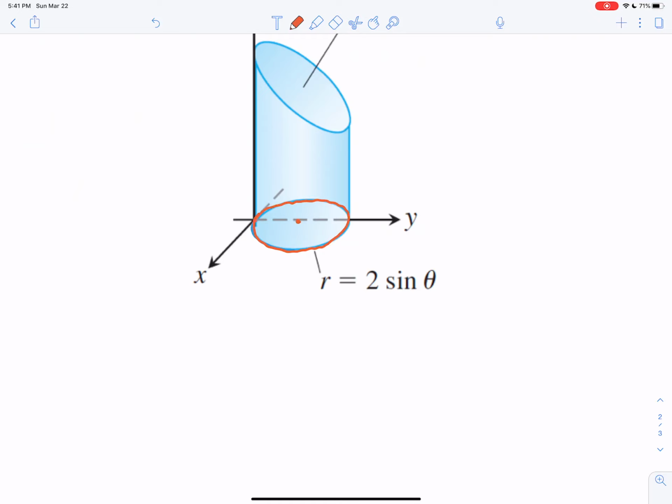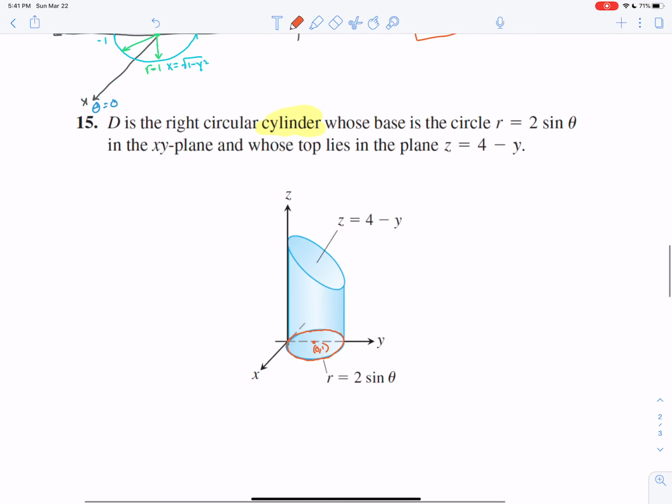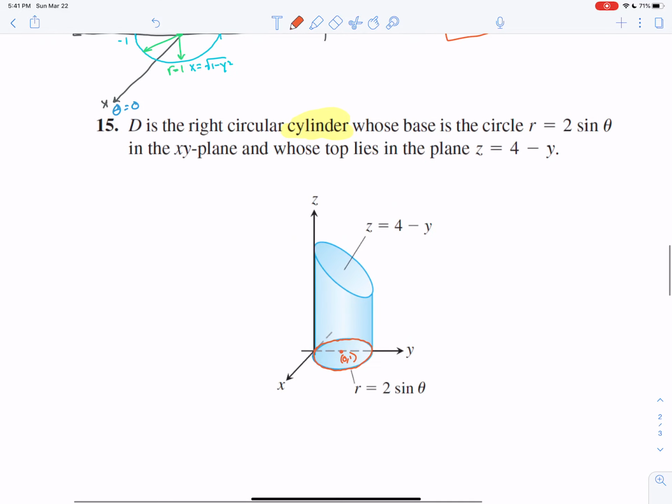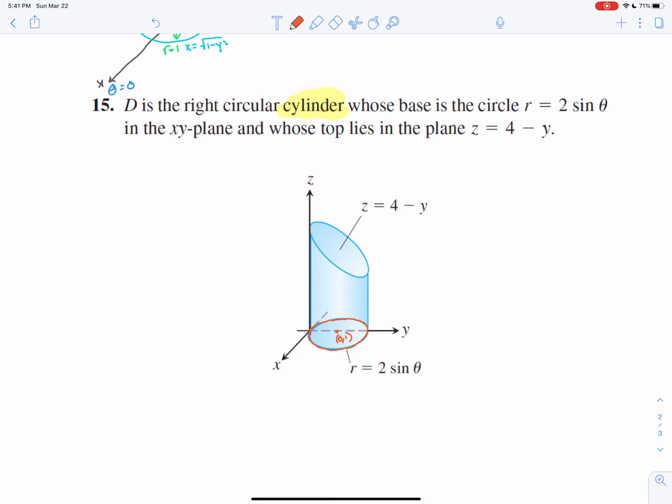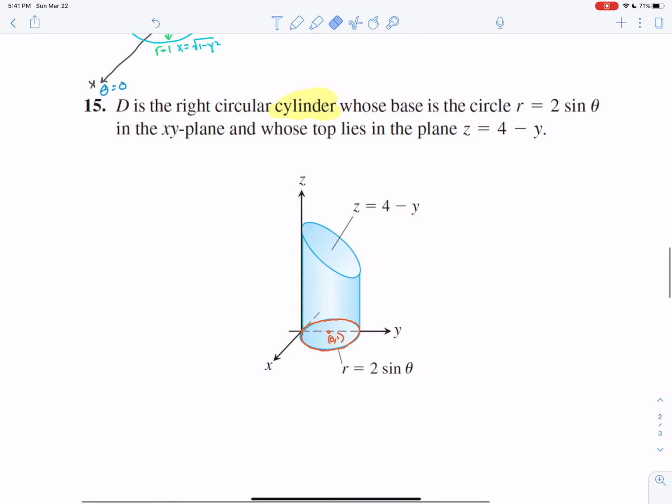That's the base of it in the xy plane, whose top is cut by the plane z equals 4 minus y.